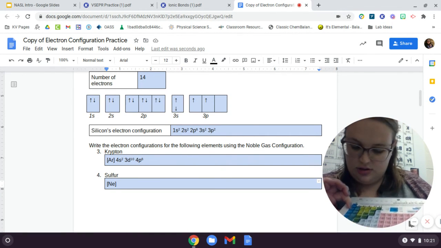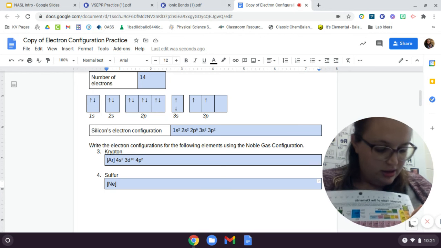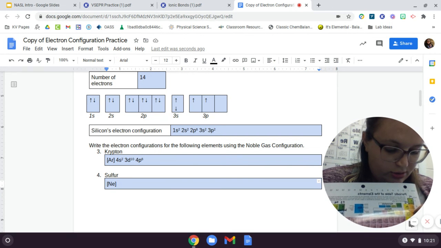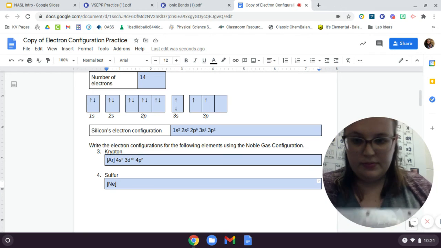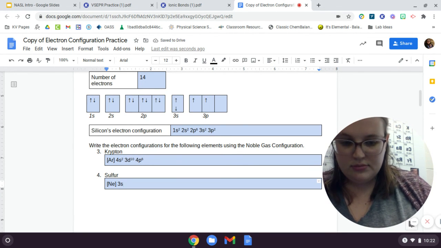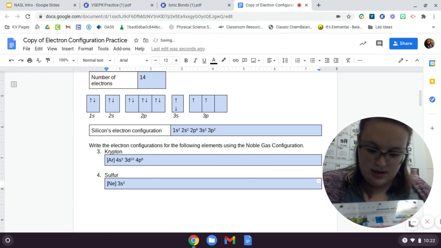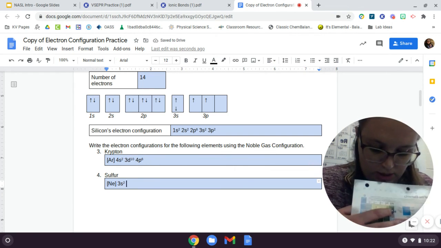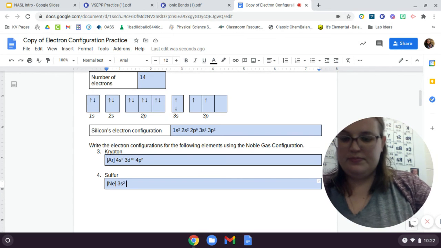Now we're going to go to row 3. So we're going to do 3s2, and then 3p, 1, 2, 3, 4, 3p4.